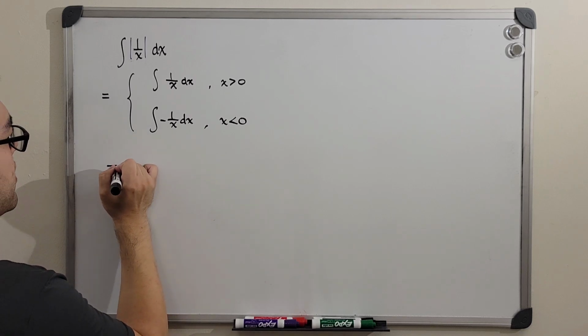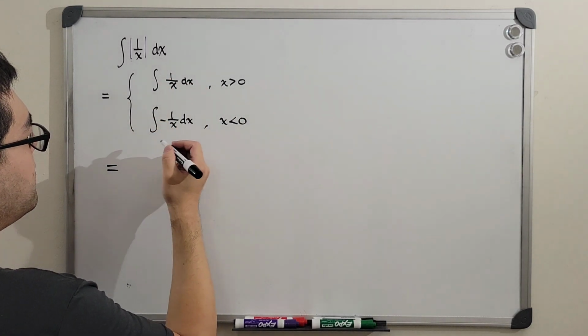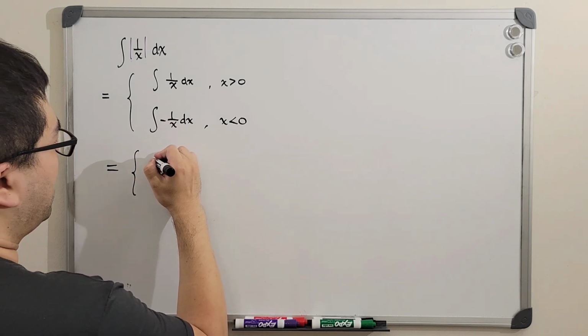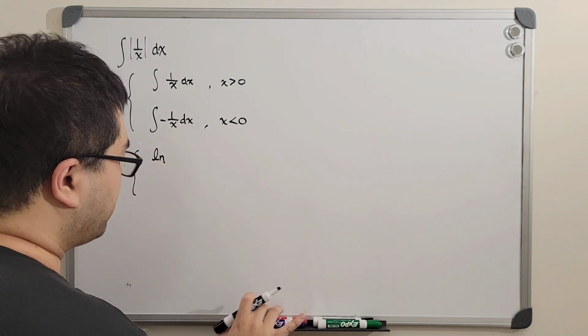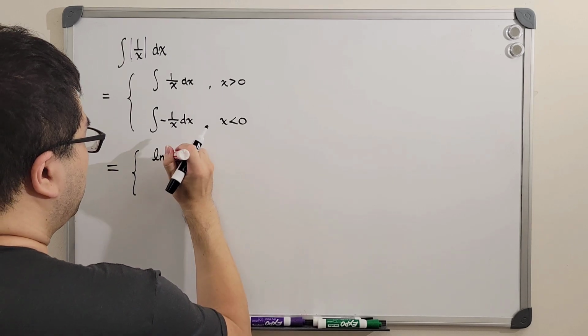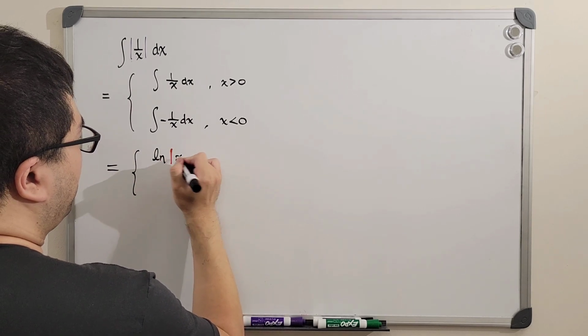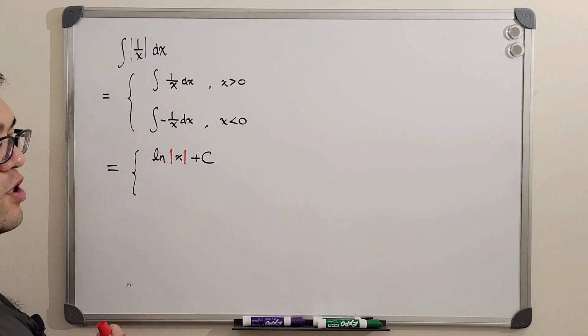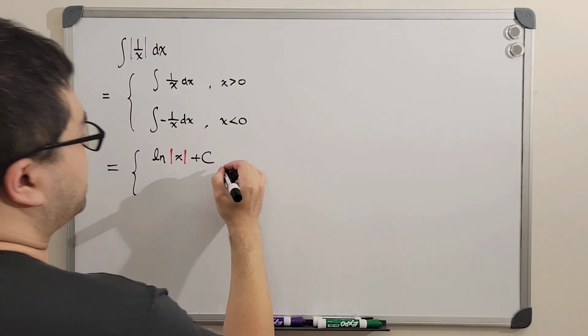Good. So as we integrate both terms individually, we'll of course get ln of the absolute value, don't forget, of x plus c, some constant, for x greater than 0.